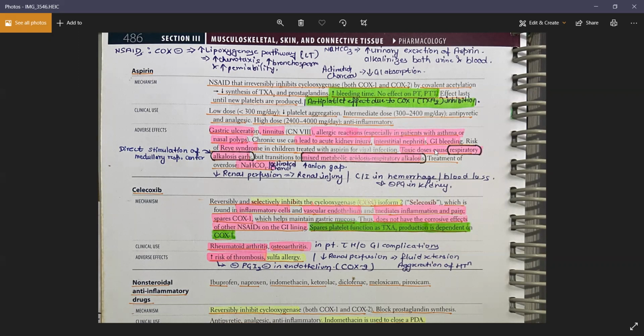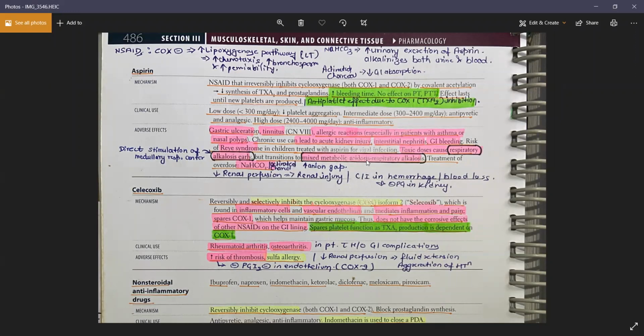Toxic doses can cause respiratory alkalosis, very important, because of direct stimulation of the respiratory center. Aspirin can directly stimulate the respiratory center. If you give a very high, toxic amount, it can cause hyperventilation. Second, these drugs can also cause metabolic acidosis.